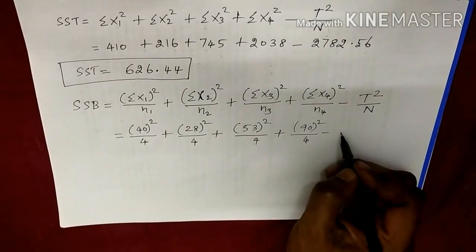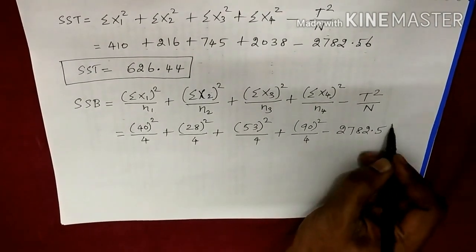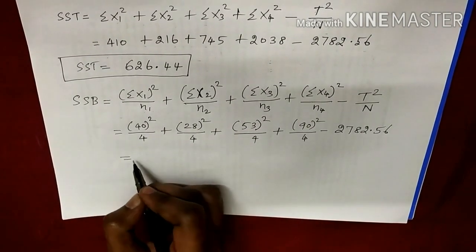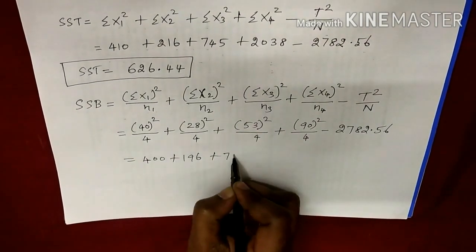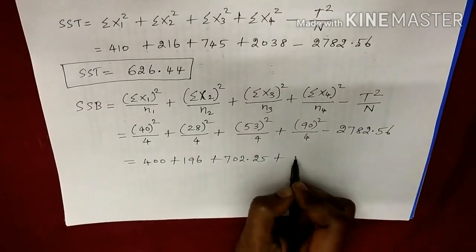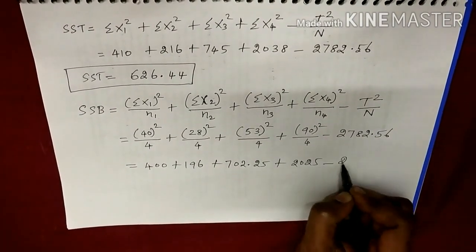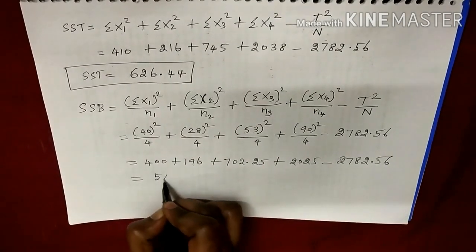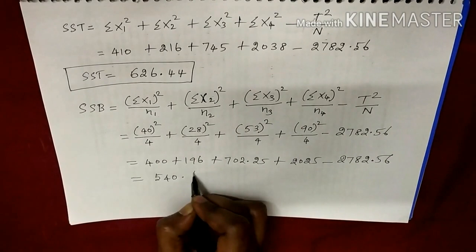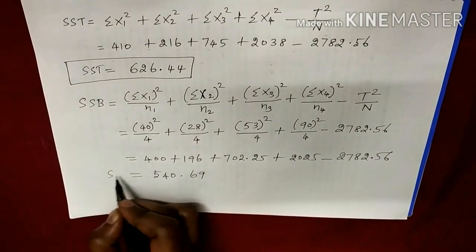Minus correction factor value. Find out this value, and finally we'll be getting 540.69. This is SSB, sum of squares between.